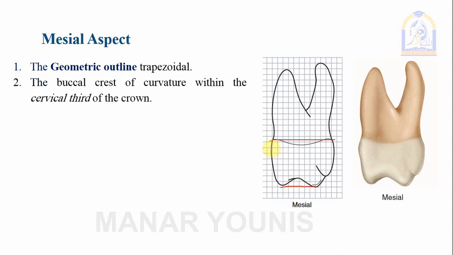The buccal crest of curvature is located in the cervical third of the crown, and then the outline becomes straight toward the tip of the mesiobuccal cusp, while the lingual crest of curvature is located in the cervical portion of the middle third of the crown, and the outline is convex toward the tip of the mesiolingual cusp.